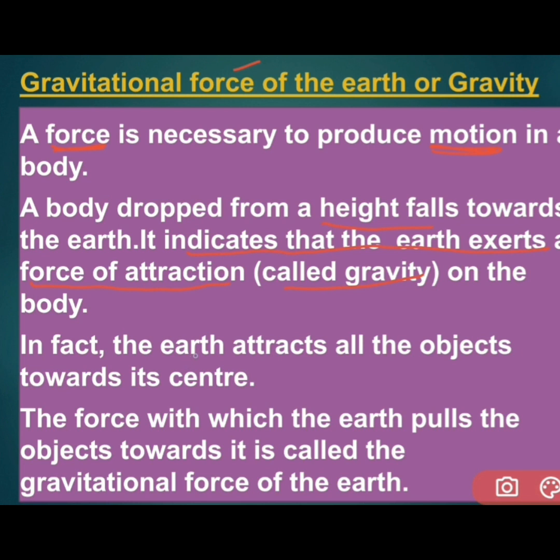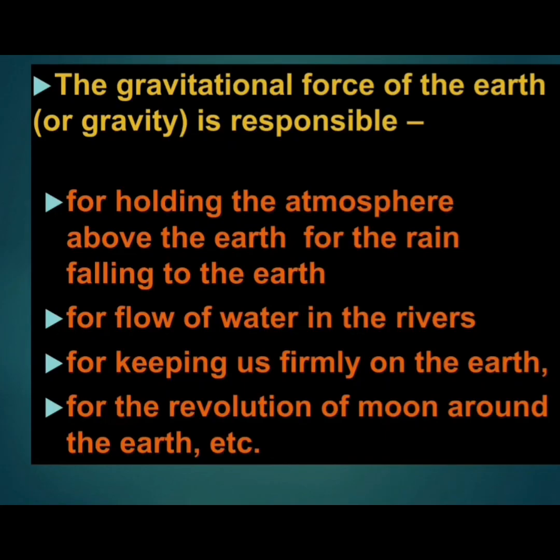And remember that earth attracts all objects towards its center. So the force of attraction by the earth is called gravity. Now, what is gravitational force responsible for? It is responsible for holding the atmosphere above the earth, for bringing rains, for flowing of water, for keeping us firmly on the earth, for revolution of moon around earth, and many more.